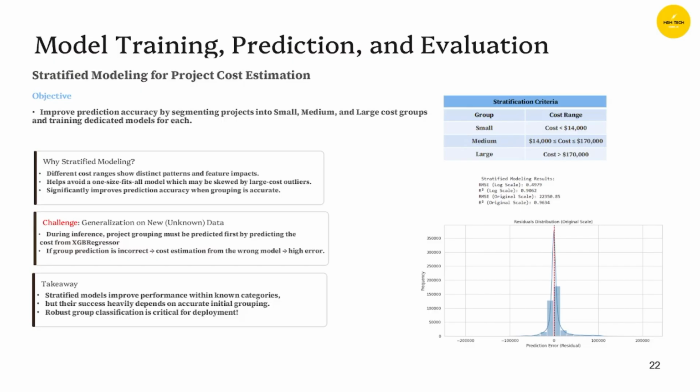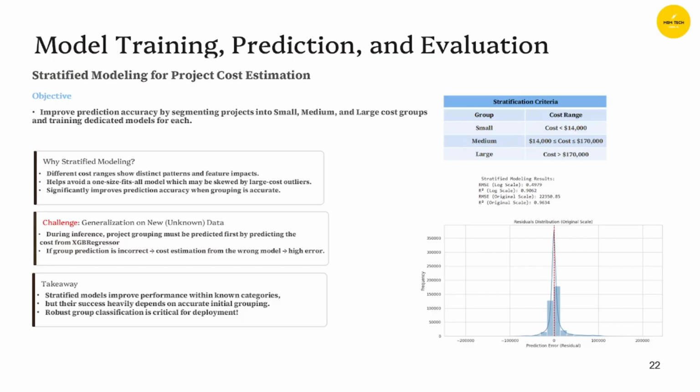But the challenge is when some new data comes and I am not able to find which group it belongs to. So I needed to find the group first. That's why I first used XGBoost for checking whether it belongs to the small, medium, or large group.